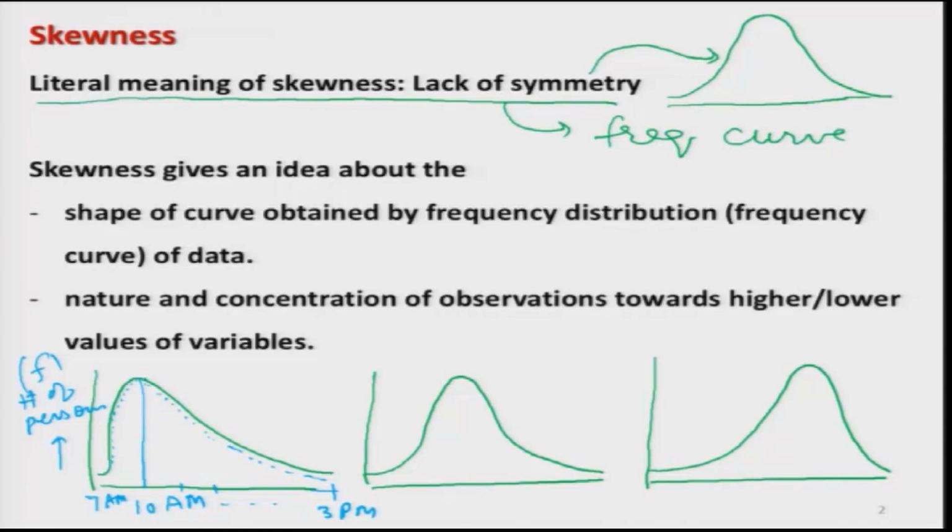Now on the other hand, the opposite happens in the third case. Suppose I mark these points as 12 p.m., 1 p.m., and up to here sometime, say 6 p.m., and then 7 p.m., and say 9 p.m. And here we try to count the same record, the same data, that is the number of persons which denotes the frequency.